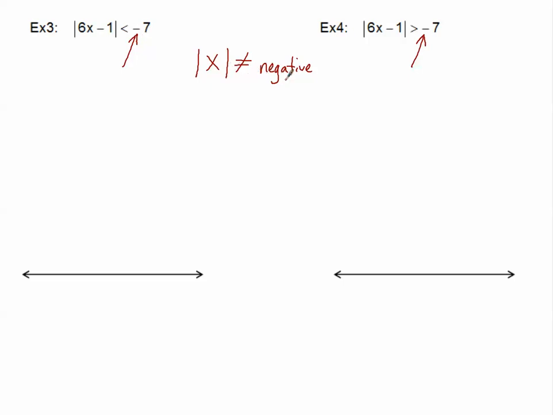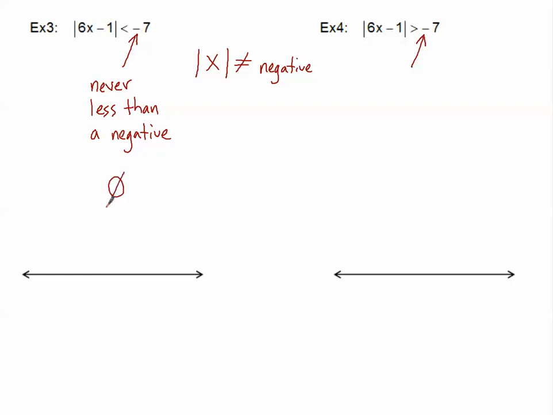If it can never equal a negative, then it makes sense that it would never be less than a negative. Hopefully that makes sense to you. If it can never equal a negative, there's no way that it could be less than a negative. So if we were trying to solve this, it wouldn't even make any sense.